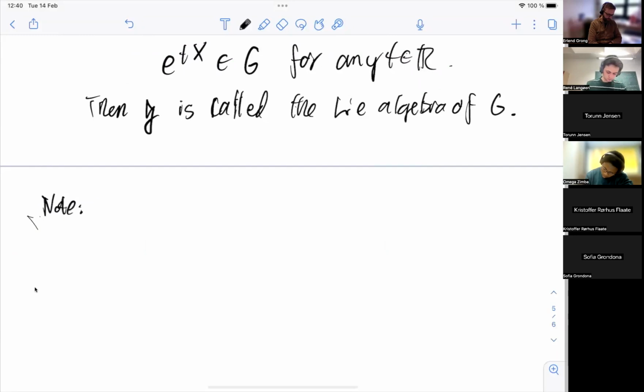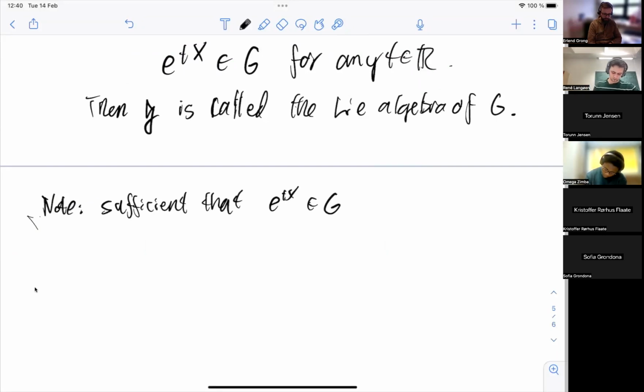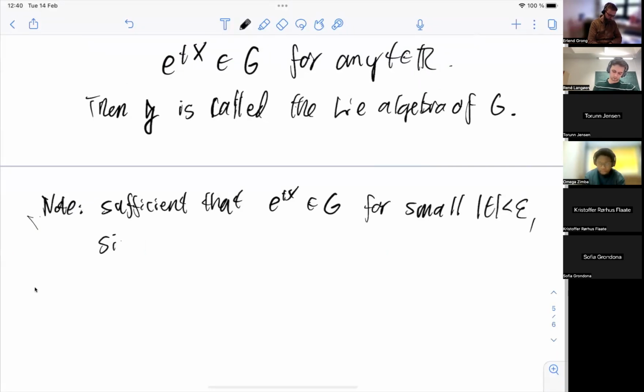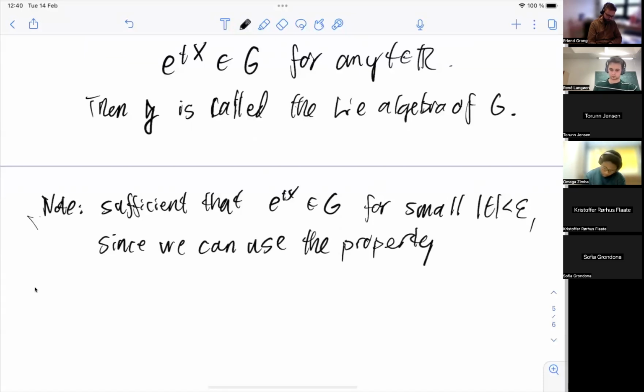Note that it's sufficient that e^{tX} is in G for small t, so |t| less than some epsilon, since we can use the property e^{tX} times e^{sX} is equal to e^{(t+s)X}, right?